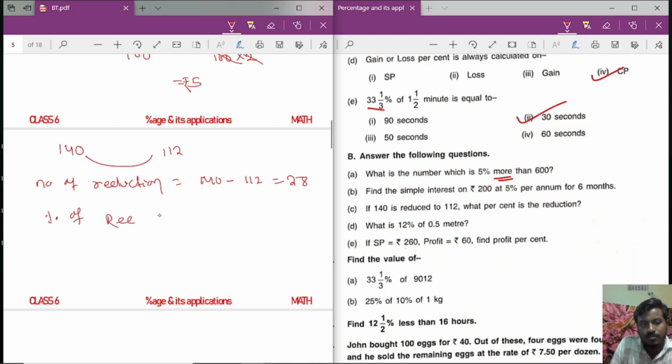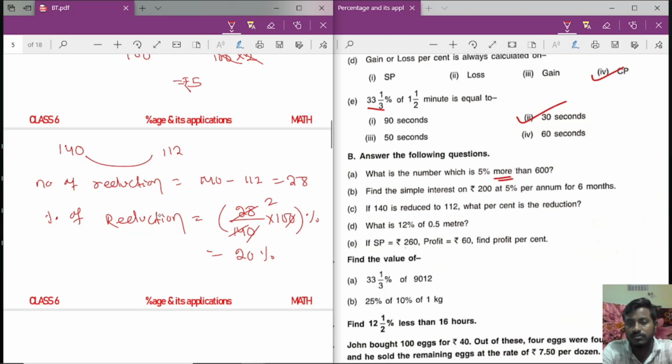Percentage of reduction equals 28 divided by the number, that is 140 into 100, percentage sign. Now cancel, 0 cancel, 14 2 ja, 2 10 ja, 20%. So the answer is 20% reduction.